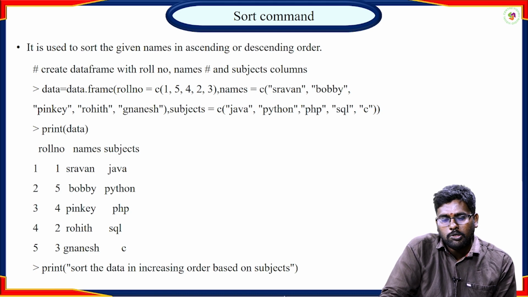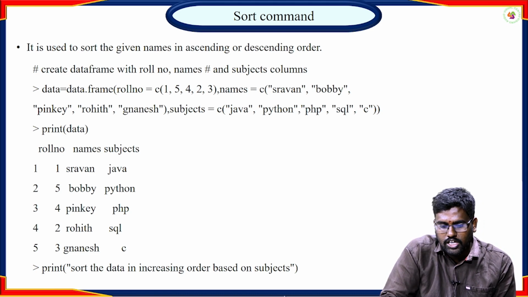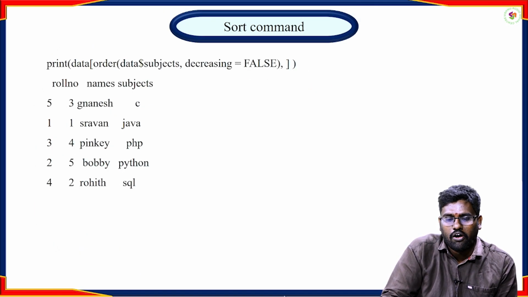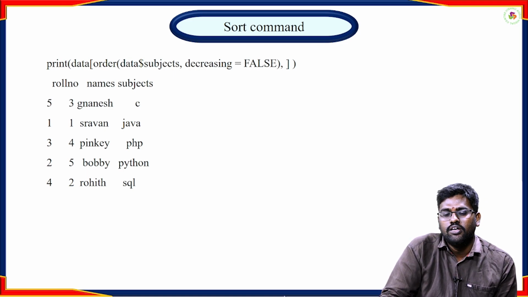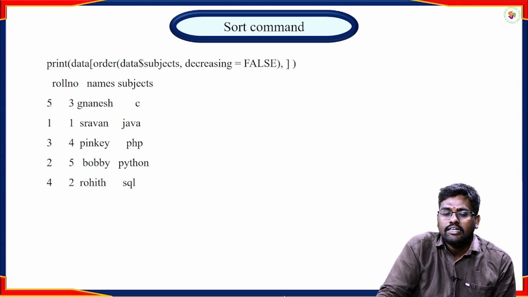Now I want to print the content in increasing order. For that, print of order of data dollar subjects comma decreasing equal to false. It prints only the subjects in ascending order.